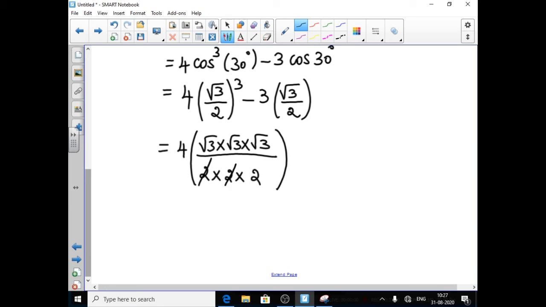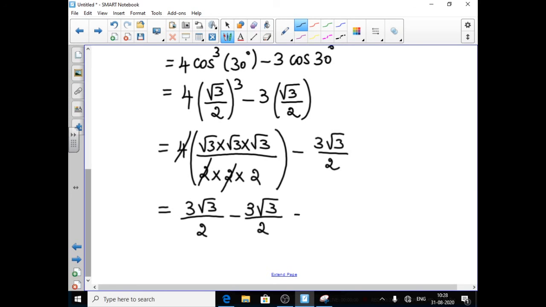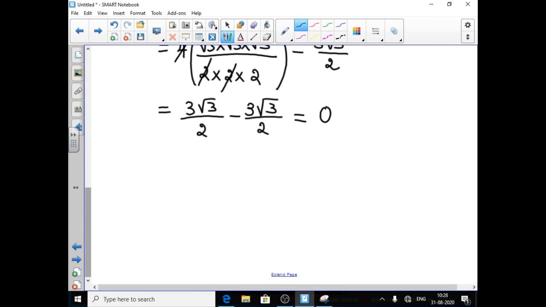So the 4 cancels with the 2 to the 4, and minus 3 root 3 divided by 2. Root 3 into root 3 is 3, so 3 root 3 by 2 minus again 3 root 3 by 2. Both are the same value, so in the subtraction they cancel and you will get 0. Therefore LHS is equal to RHS. Hence it is proved.